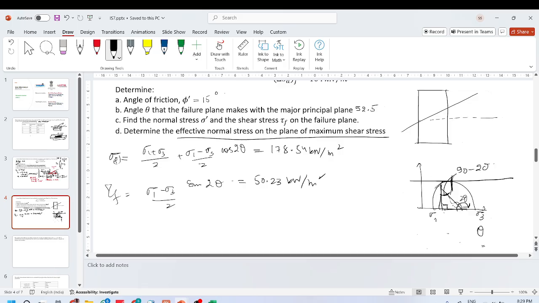So if I draw it here with the center, it will be 90. So 2 theta will be 90, theta will be 45, and you have a crack at 45 degrees to the horizontal, which will be the maximum shear stress.